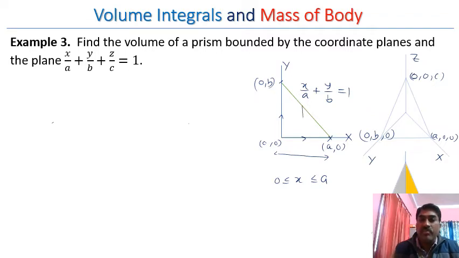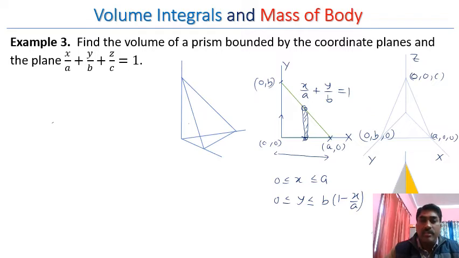For the limit of y, we have discussed a lot in the previous lectures. y varies from 0 to the line, so from 0 to y equals b times 1 minus x by a. This is the line. So we have obtained the limits of x and y.